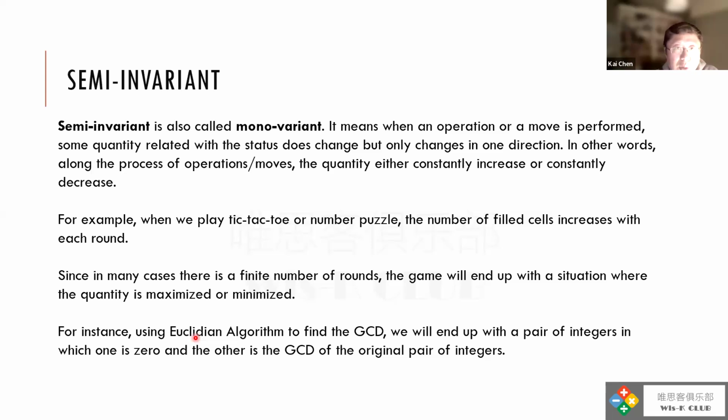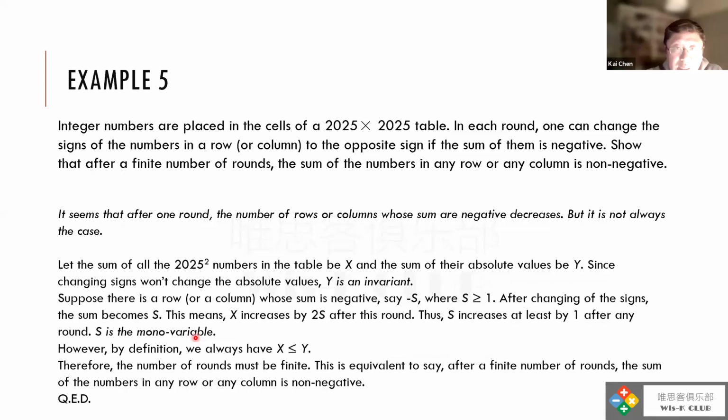We call it a monovariant. One example: integers are placed in the cells of a 2025 times 2025 table. It's a really large table. In each round, one can change the signs of the numbers in a row or in a column if the sum of them is negative.